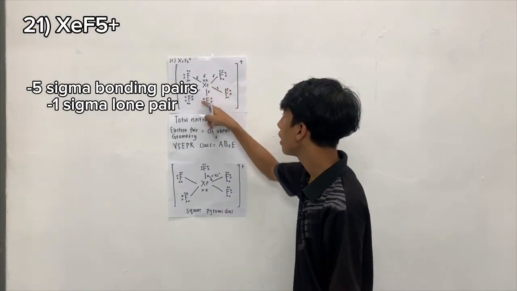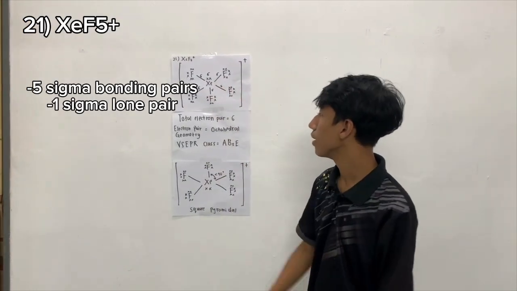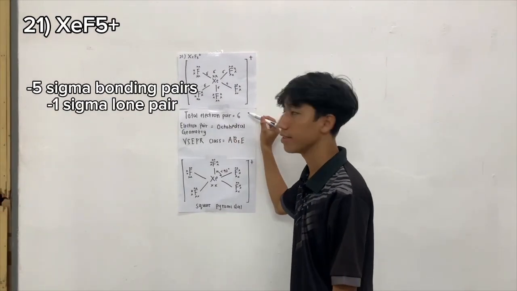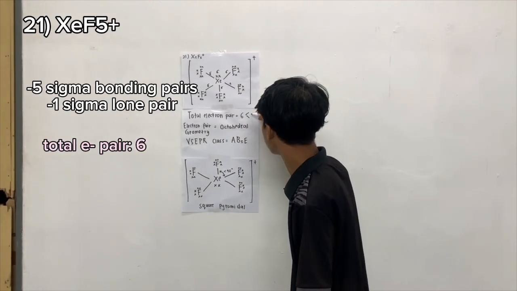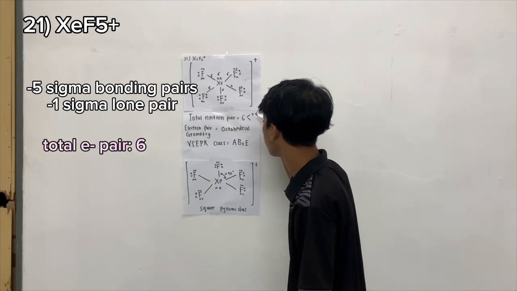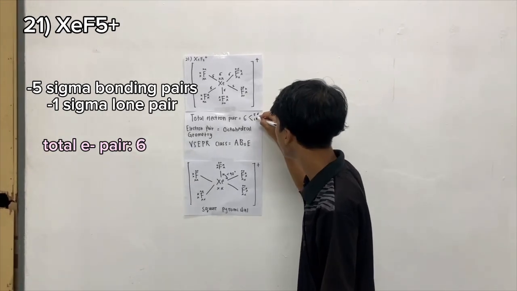So the total on this structure is 6: 5 sigma bonding pairs and 1 sigma lone pair.